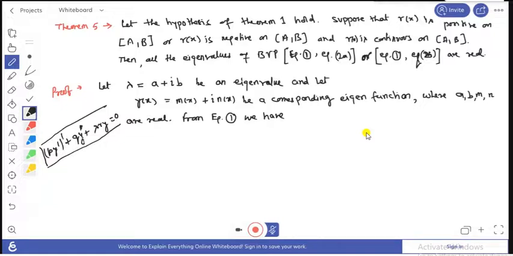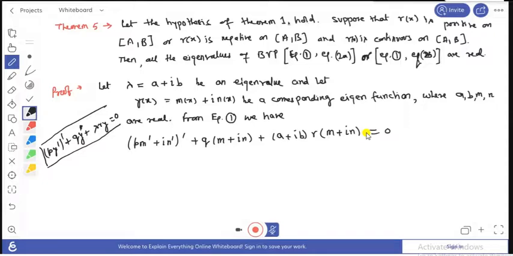So here it is only q y plus lambda r y. If you put in place of y this thing, and lambda equals a plus ib, we get (p (m' plus i n'))' plus q (m plus i n) plus (a plus ib) r (m plus i n) equals 0. Here m means m(x) and n means n(x).